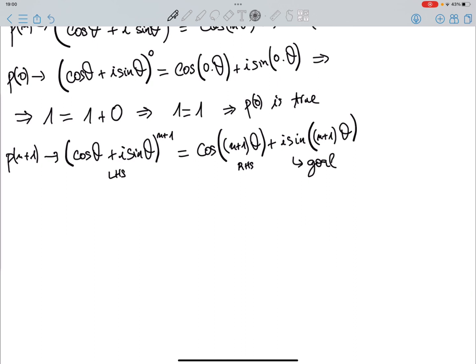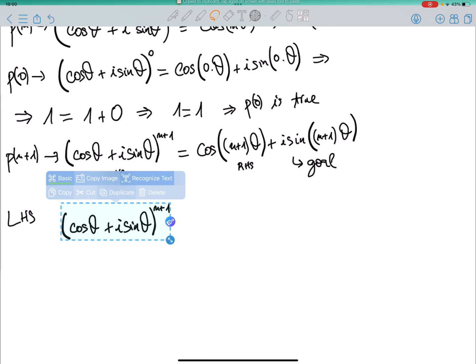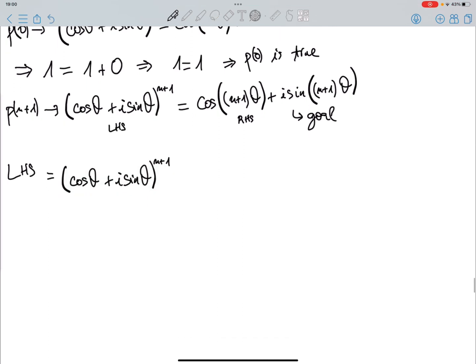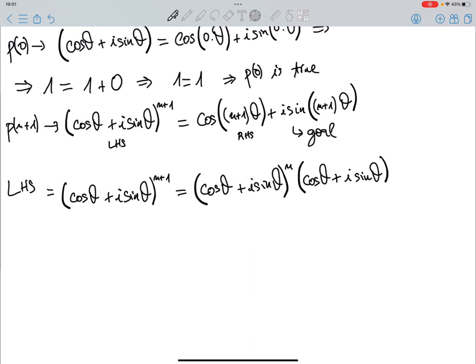Now we're going to start with the left hand side, so let's copy it down here. The left hand side is equal to (cos θ + i sin θ)^n times (cos θ + i sin θ).